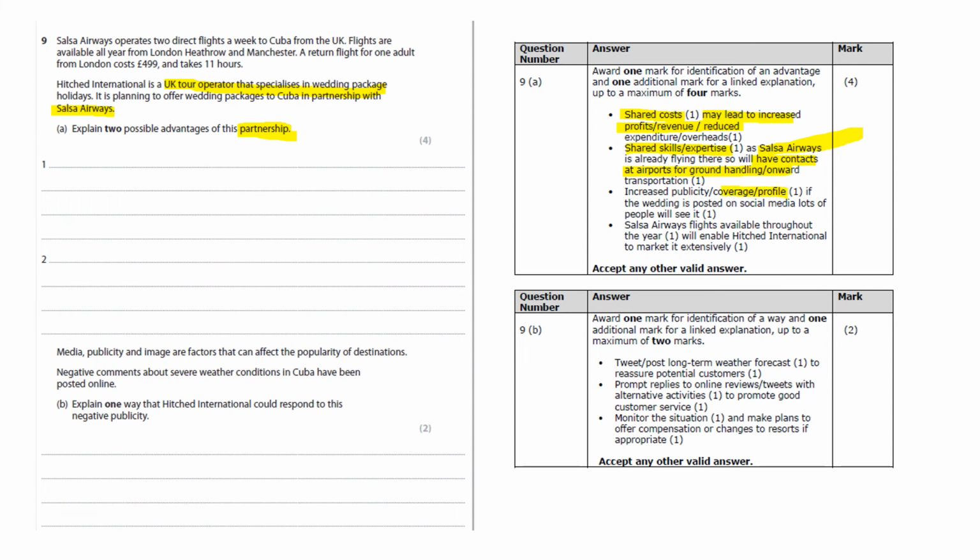It might raise their profile. So for example, if weddings are posted on social media, then people will see it, and that's going to be good for both companies. Salsa fly all through the year, which means that Hitched International can market it all through the year extensively.